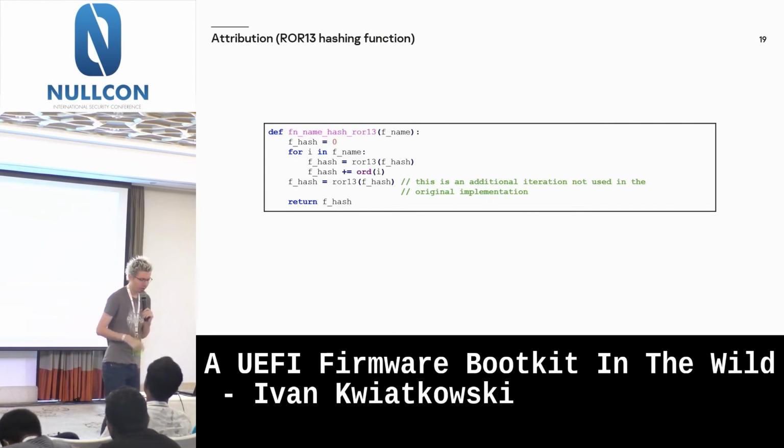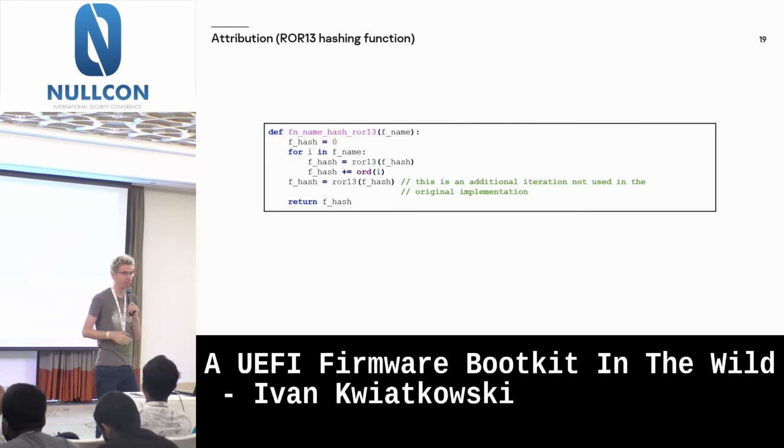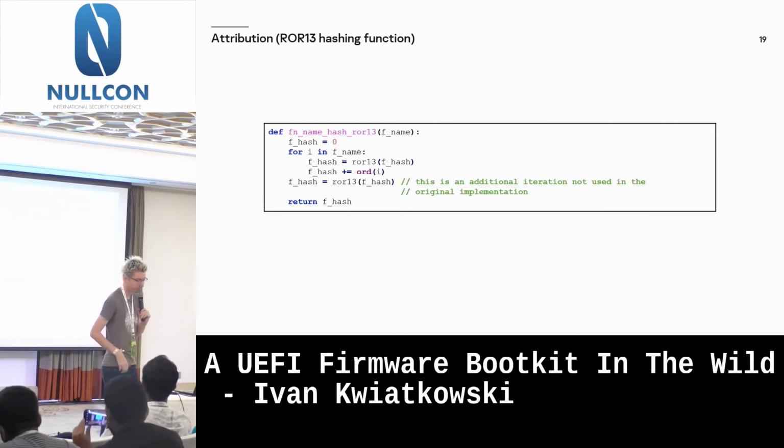There are, I think, other similarities there, but generally, this is a variant of the ROR13 hash, and the difference between this algorithm and the traditional one is that here, the plain ROR13 hash goes through another iteration at the end. So this is a bit different from the normal algorithm that most attackers are using.